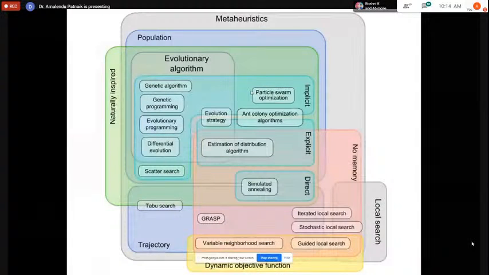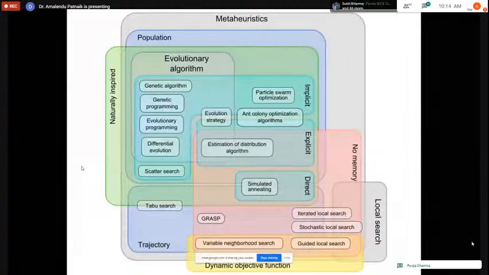Again, you can mark that most of these techniques are naturally inspired. People developed these techniques by observing the phenomena usually seen in nature.